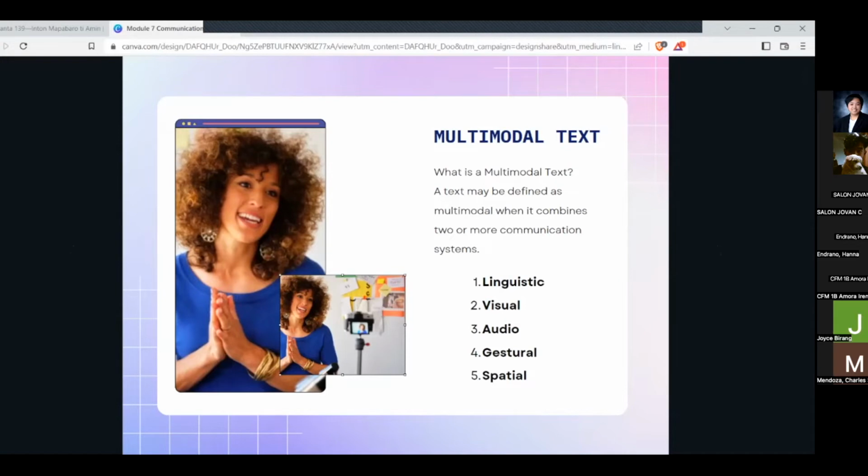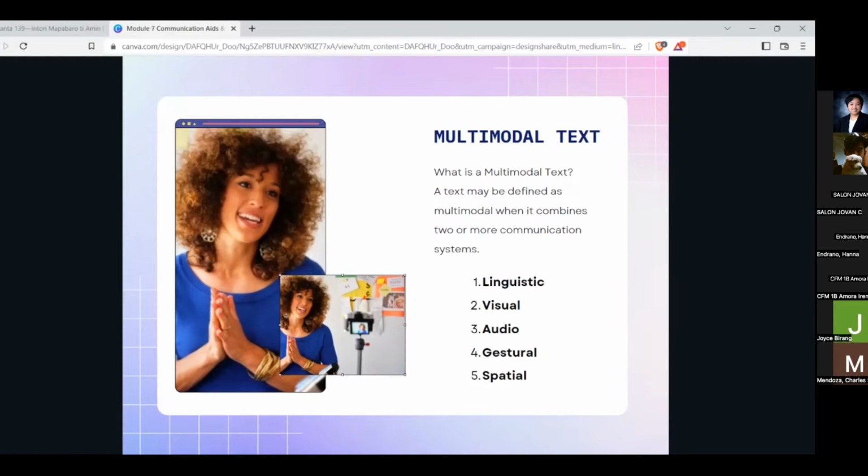So why do we need multimodal text? Again, it is related to why we need communication aid. This is to improve our comprehension, because I don't know if you're familiar with that concept, or if you know that you are one of those people who learn in different modes.